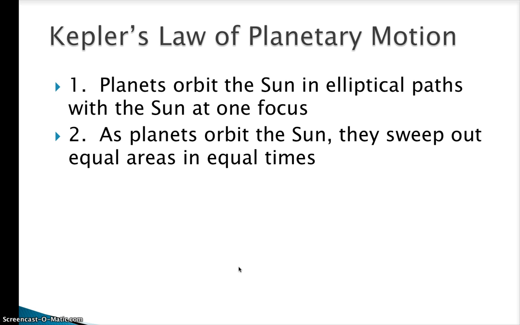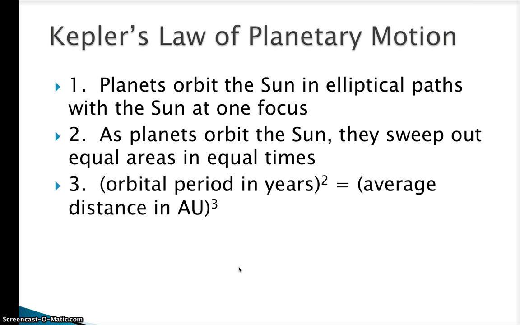The second law, which we'll take a look at in another video, is basically saying that the planets do not go at the same speeds in different parts of their orbit, which was another thing that people had assumed: circular orbits, constant speeds. Kepler proved that was incorrect.